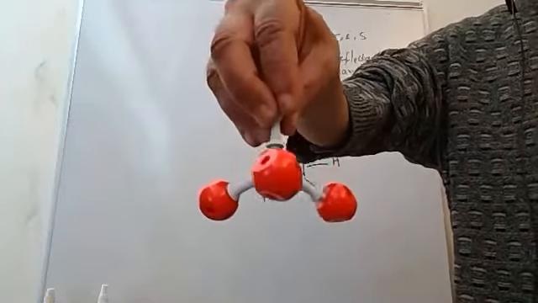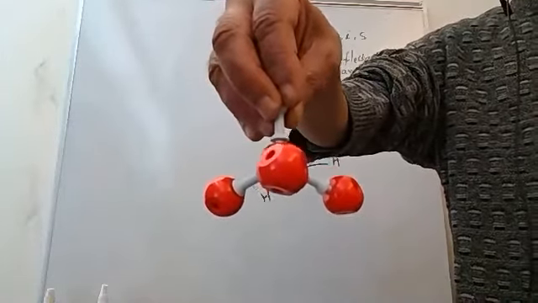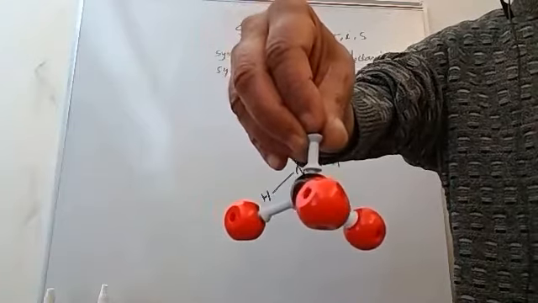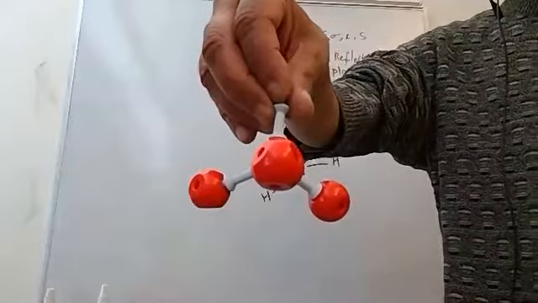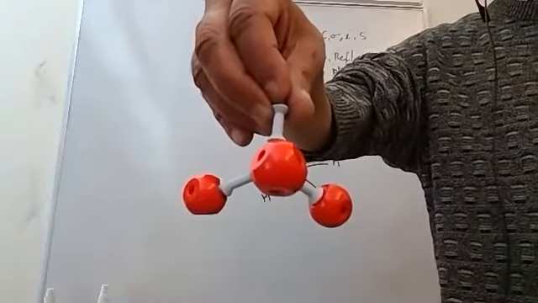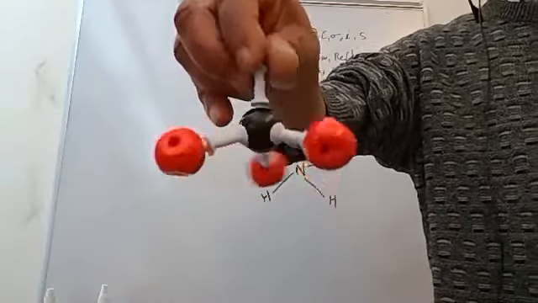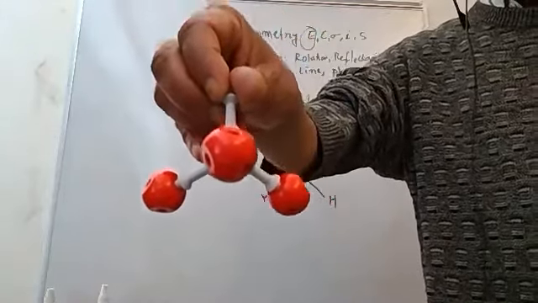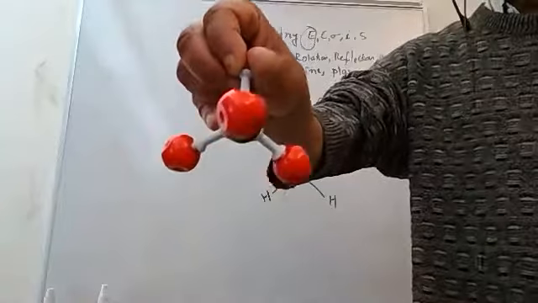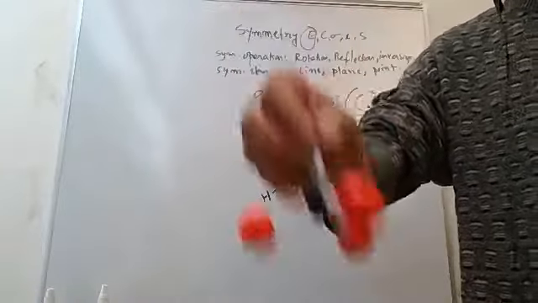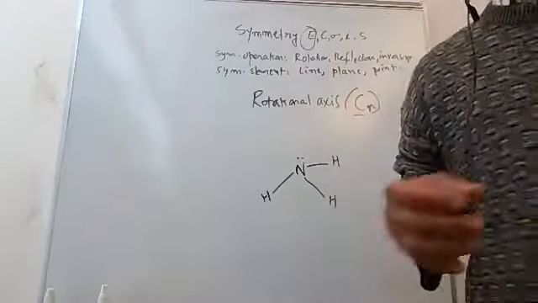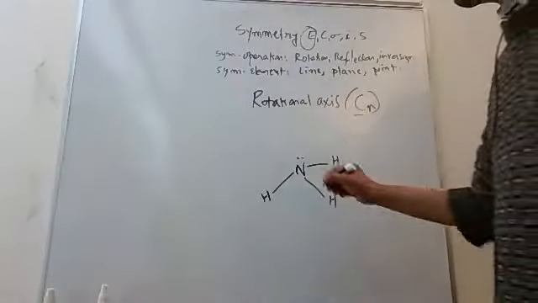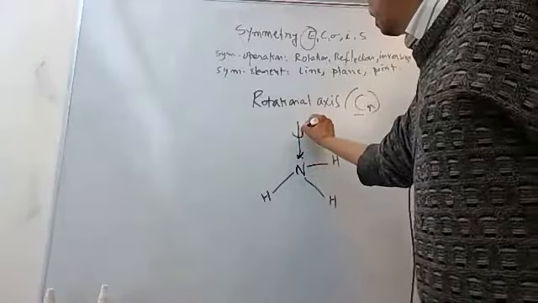Suppose I rotate this by 120 degrees, do you get an identical shape? If you rotate by another 120, again you get an identical shape. So what should be the highest fold rotational axis of symmetry? 120 degrees implies it should be a C3. So this is your C3.